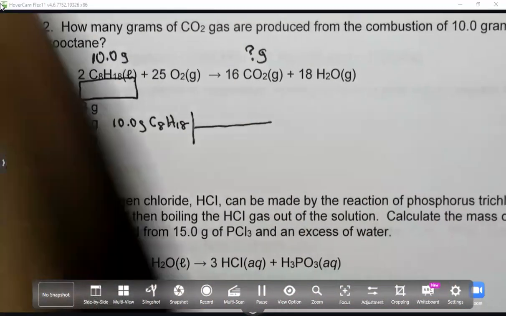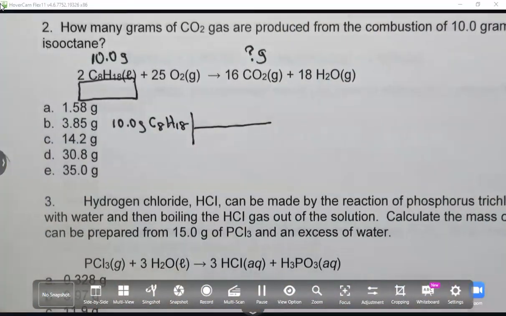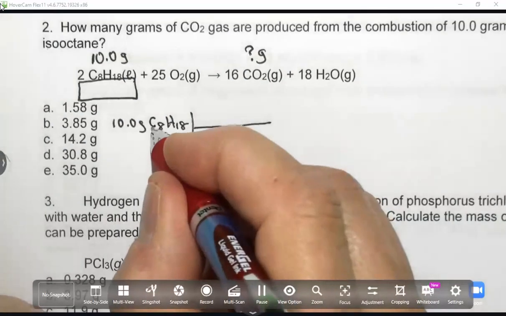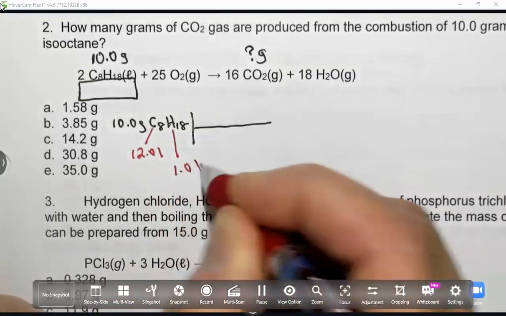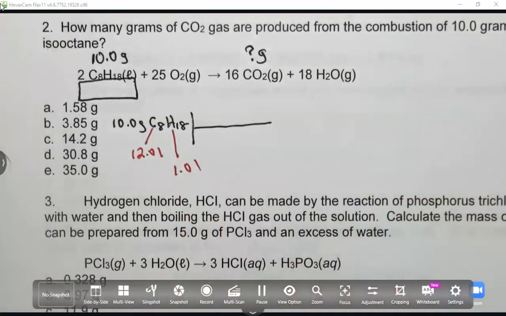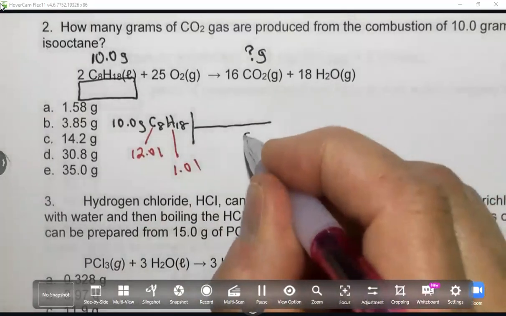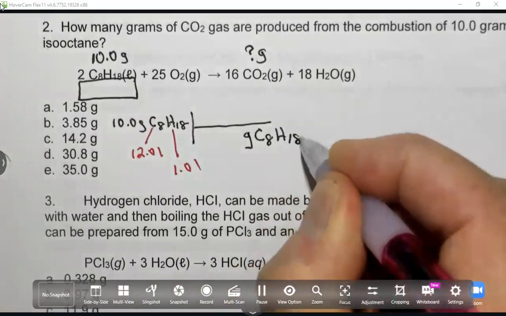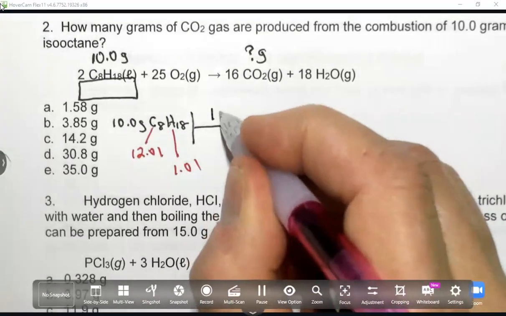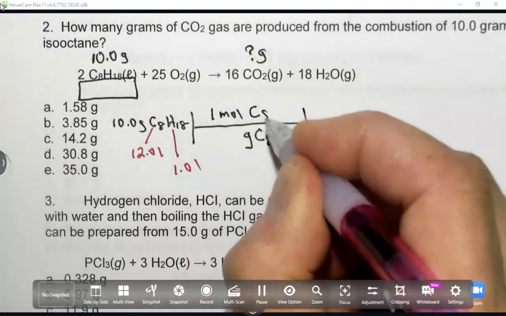Let's see how you're doing memorizing these. Carbon is 12.01, hydrogen 1.01. So this is grams, 1 mole.